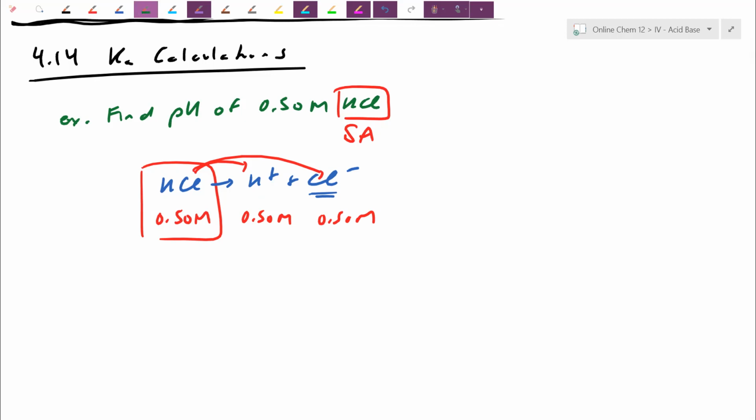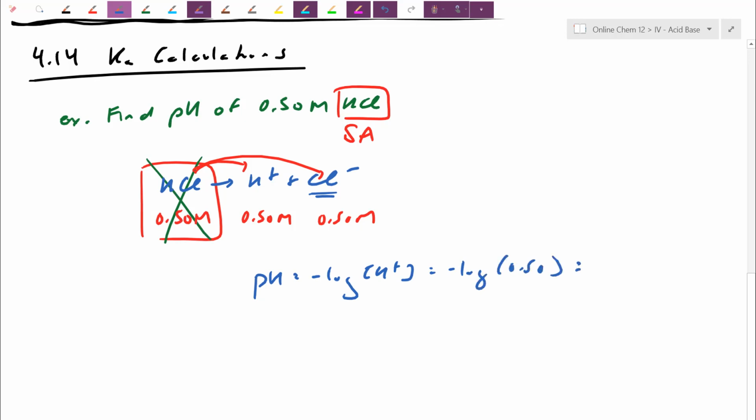Even though I leave my work like that, it is understood that the HCl is completely ripped apart, completely separated, and now I'm just left over with these ions. Oh look, I already know what the H plus is. Would you be able to find pH? Well, sure. pH is negative log of H plus, so I'm going to take the negative log, in this case of 0.50. Where would I be on that ruler? Negative log of 0.5 gives you a pH of 0.30.